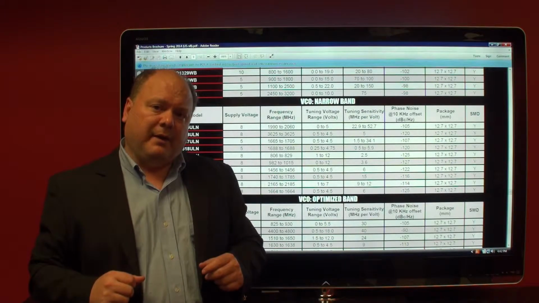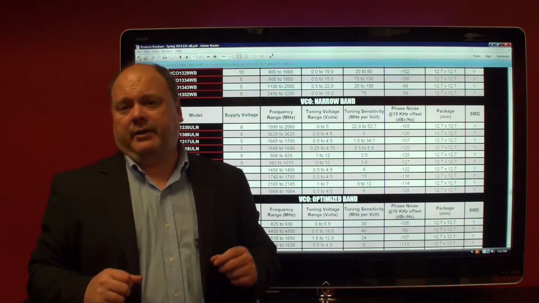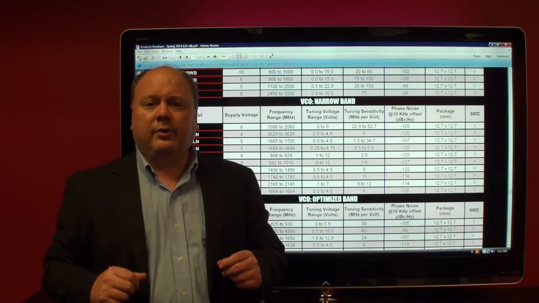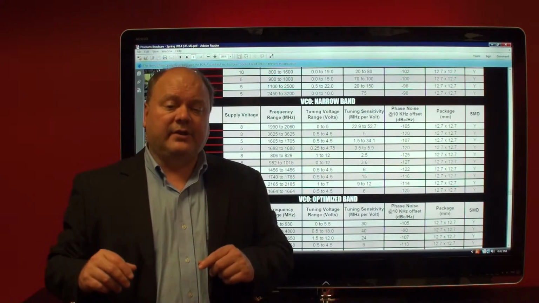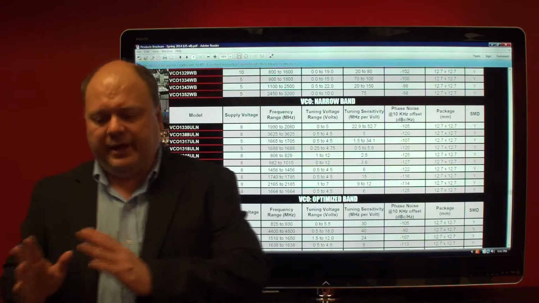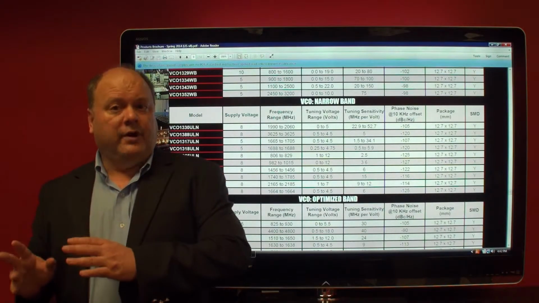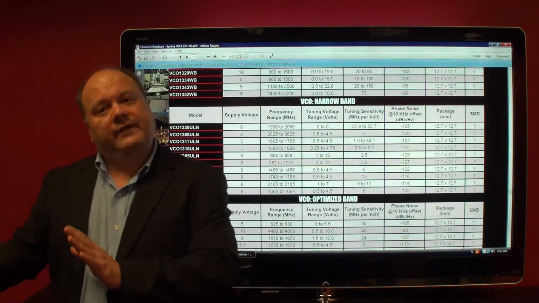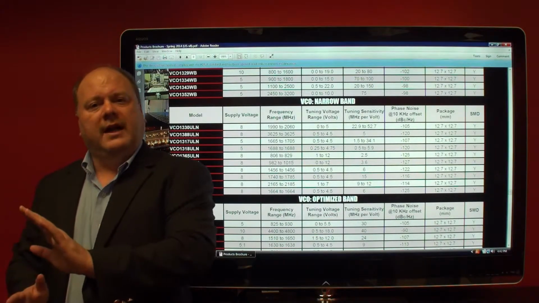Other customers might only use, say for an industrial application, a couple discrete frequencies of the VCO. In other words, they might use 2.5 gigahertz, and then they might use another frequency that's 455 kilohertz offset from that. One is for the transmit frequency, one is for the local oscillator.